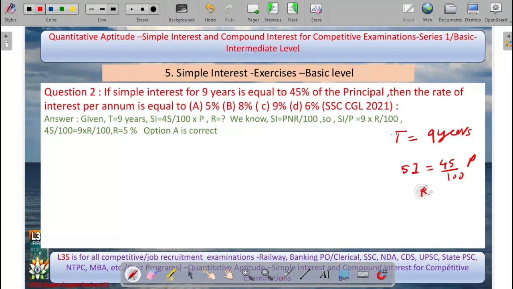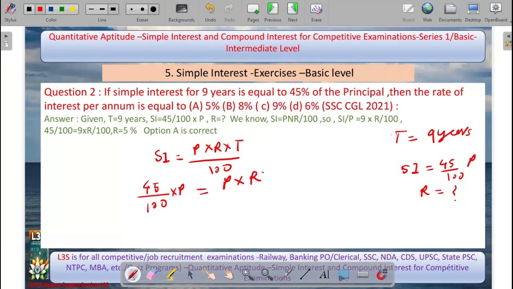Then we have to find out what is R. Okay, let's see the formula first. We know SI is equal to PRT by 100. So SI equal to 45 by 100 into P is equal to P into R into 9 by 100.